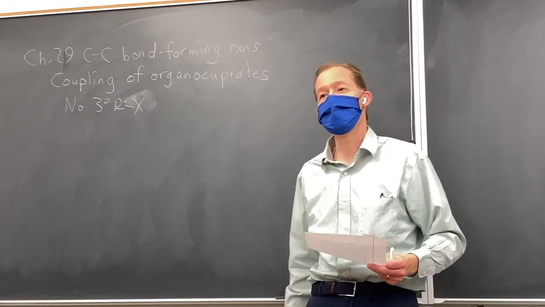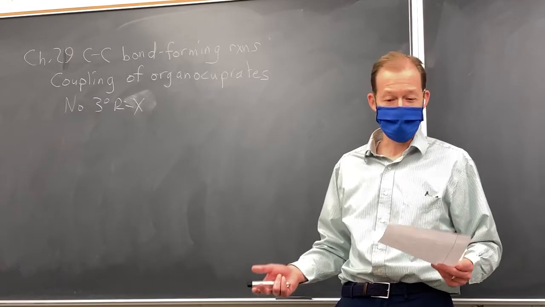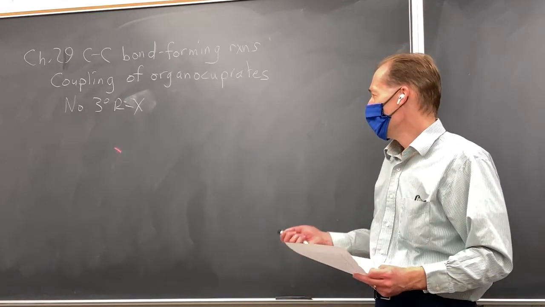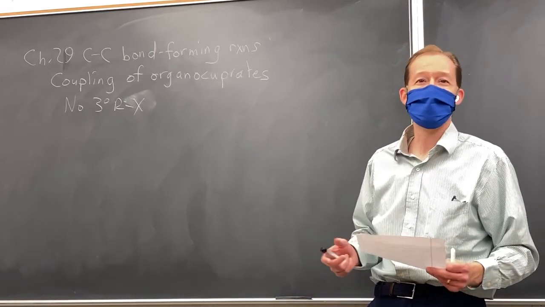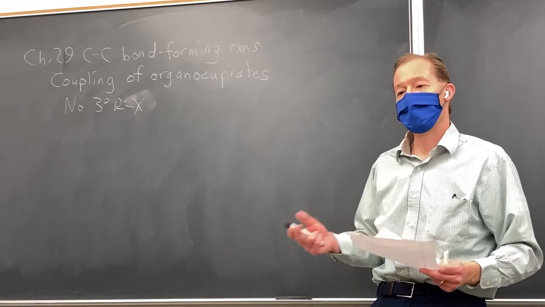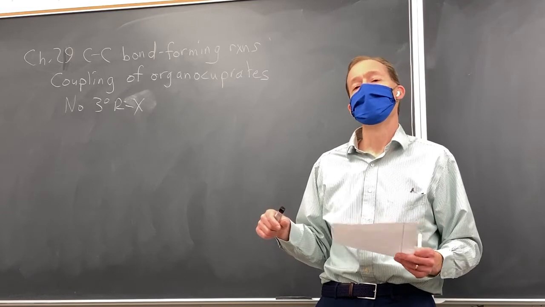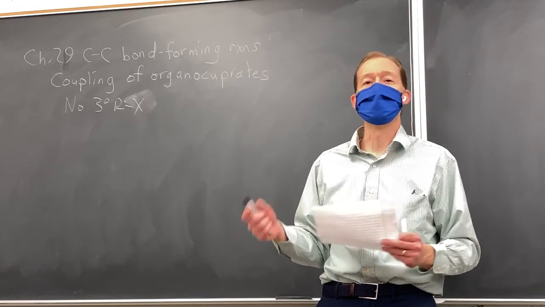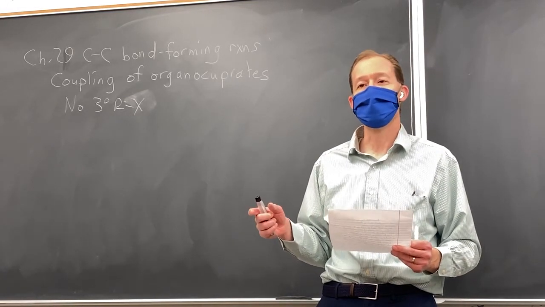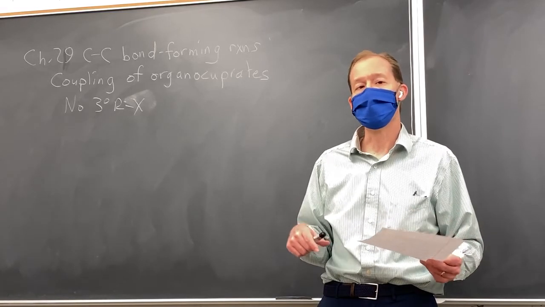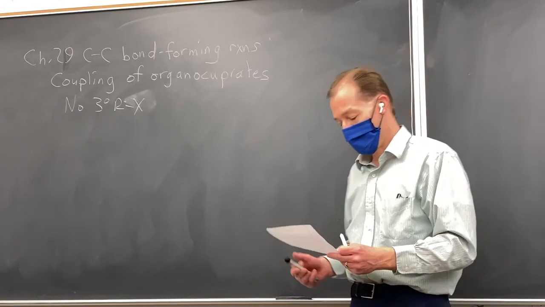We did not learn the mechanism. The mechanism is complicated. We know it is not SN2. And the most common examples of this, the ones that we showed you, the ones you're likely to see, involve the coupling of an alkyl group with either an aryl or a vinyl group. So we're attaching an alkyl group to a benzene ring or to an alkene.